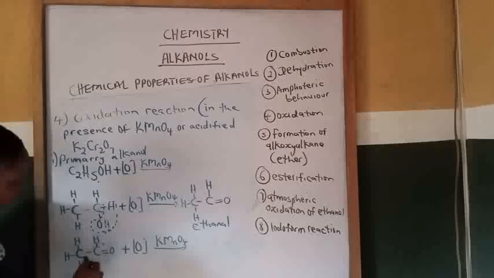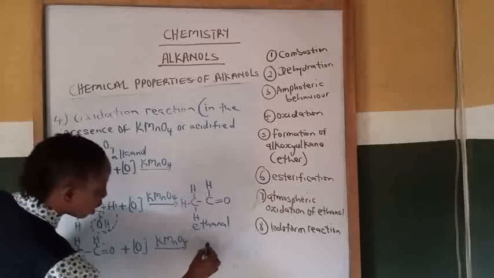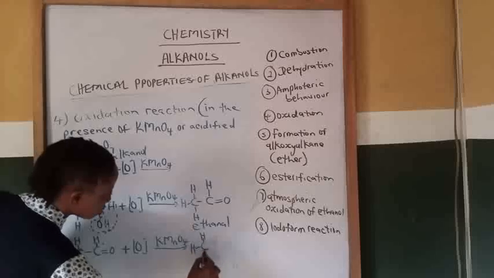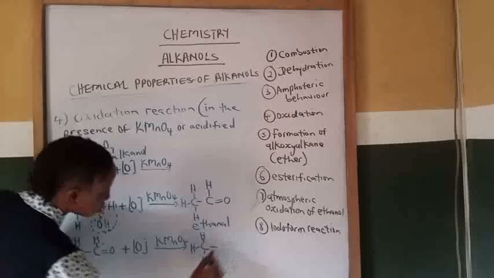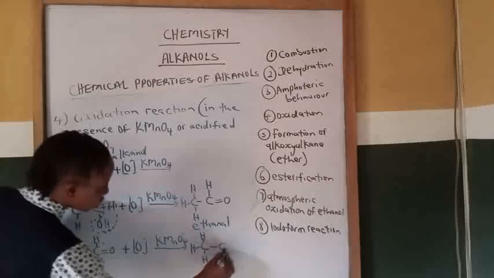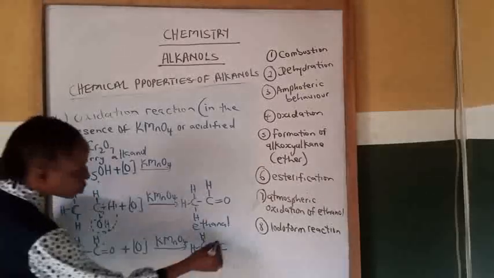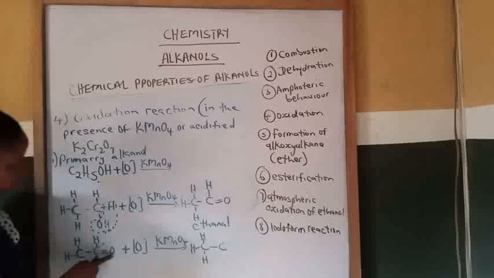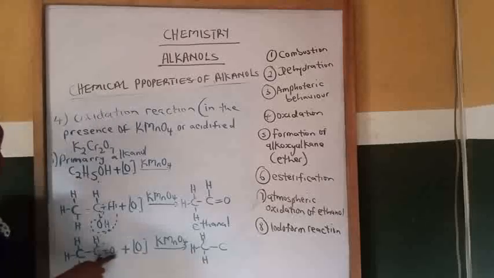So let's add oxygen to this product now. So our product will be CH3, then this hydrogen now, the double bond will open. You have C, then oxygen will combine together to give us 2 oxygen and 1 hydrogen.